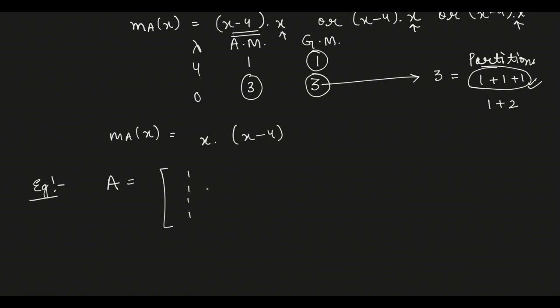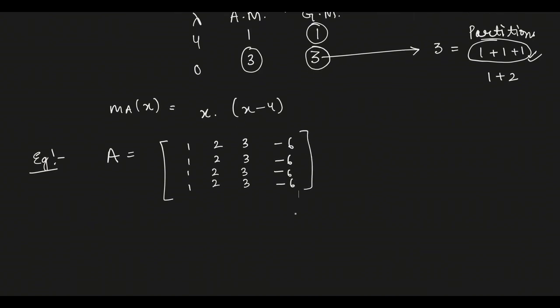Another example. 1, 1, 1, 1, 2, 2, 2, 2, 3, 3, 3, 3, minus 6, minus 6, minus 6, minus 6. Now firstly tell me the eigenvalues. It is 0, 0, 0.